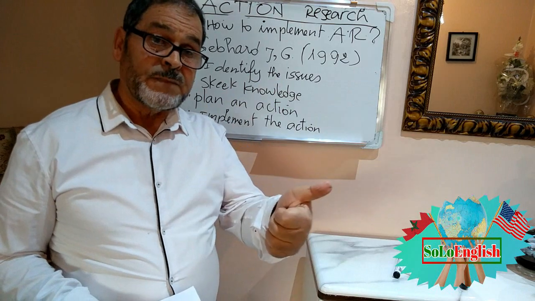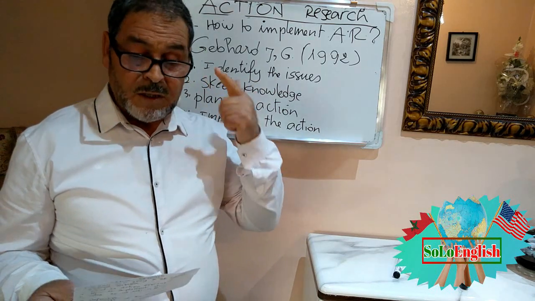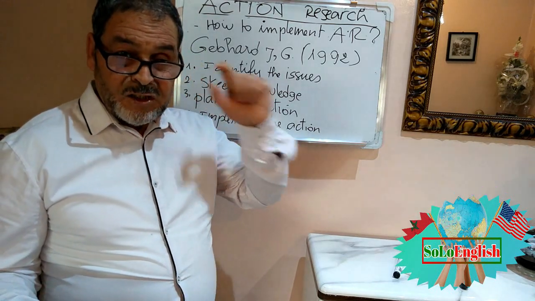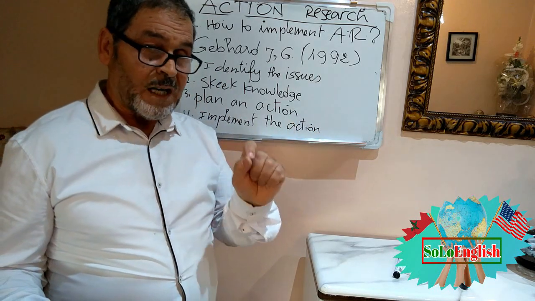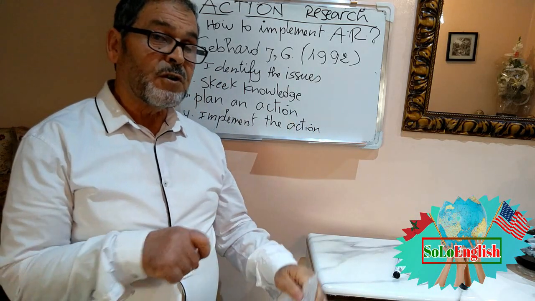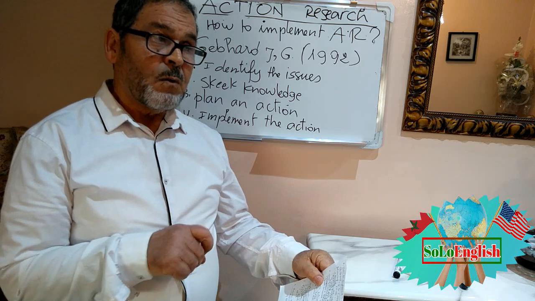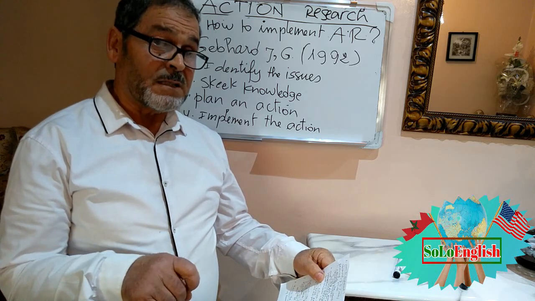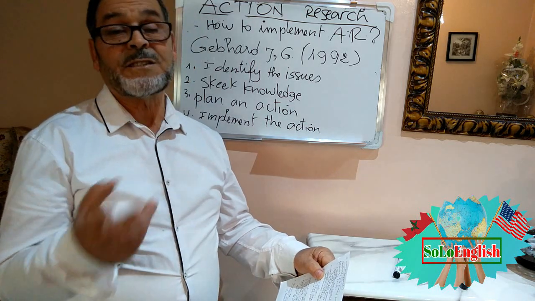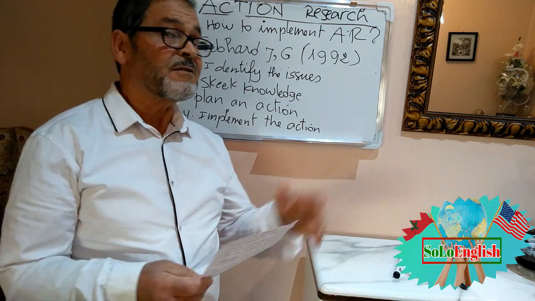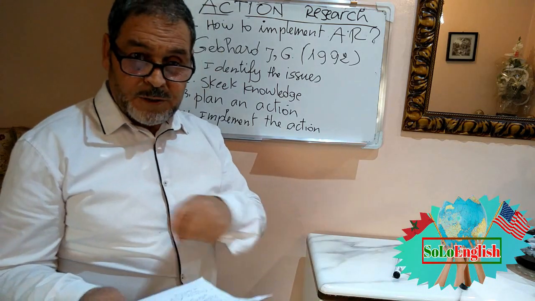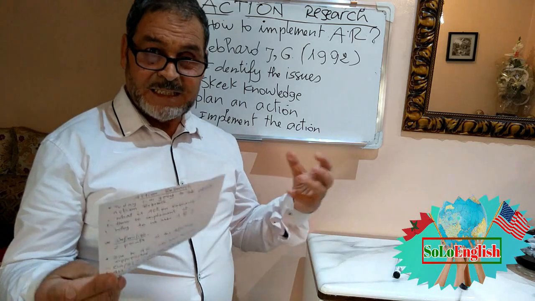First, observation. Then we have what we call field notes. While we are observing, we put notes. For example, why students don't participate, why we have just 2 or 3 students who participate in the classroom and the others are not. So we can put these notes, what we call field notes.